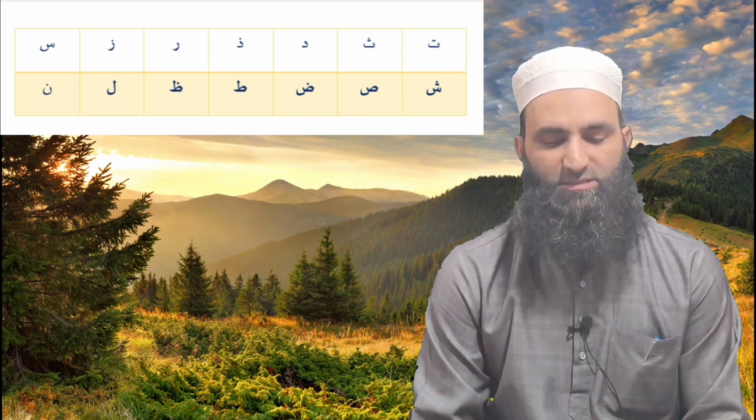In that case, the lam of the definite article al, alif lam, is assimilated and therefore not pronounced, and the respective letter is doubled, that is, it takes shadda, it becomes mushaddad.